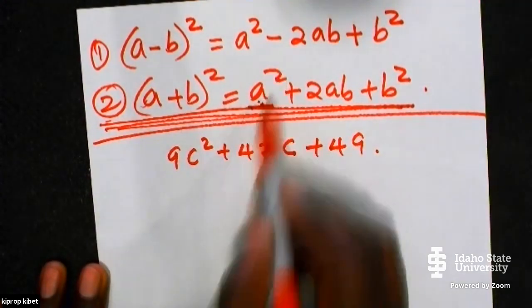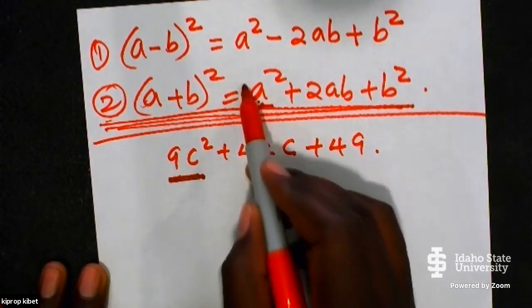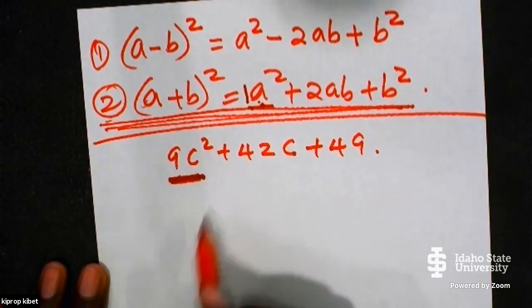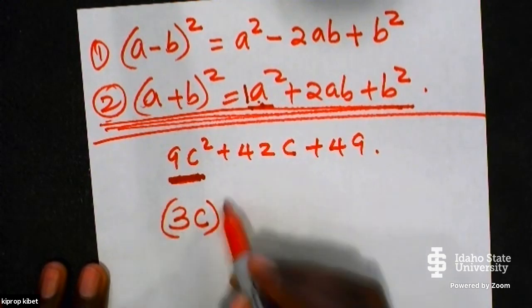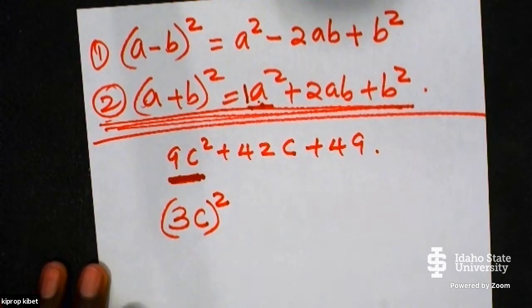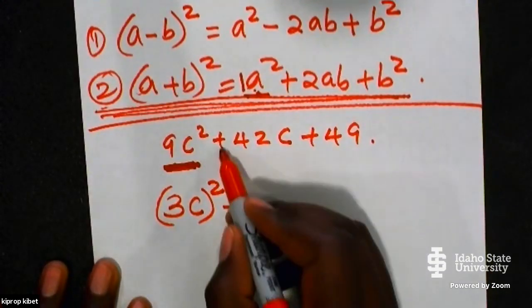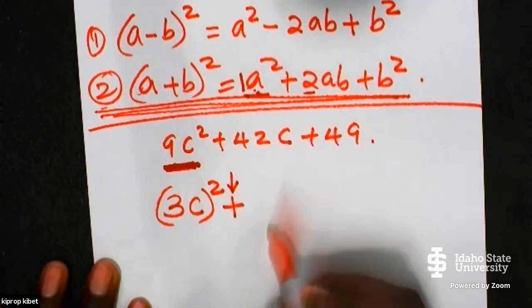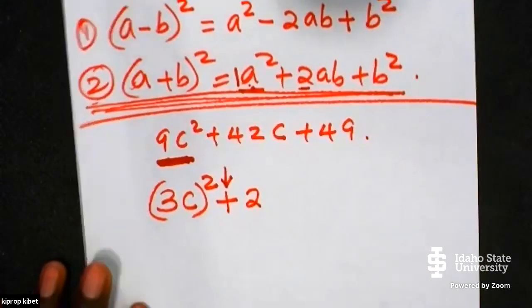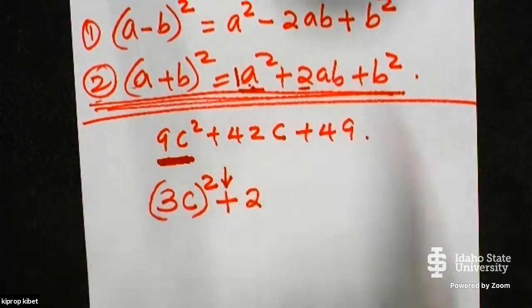So a square is like getting the square root of this. And the square root of this is 3c, squared, okay? Then plus, this sign you just carry it like that. And then there is a 2 here, 2AB.